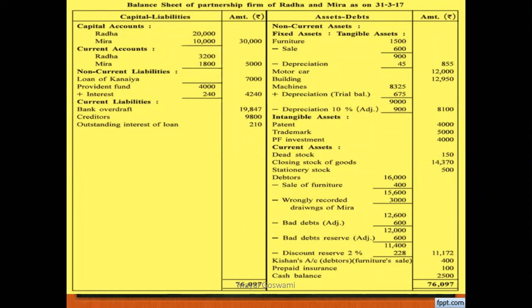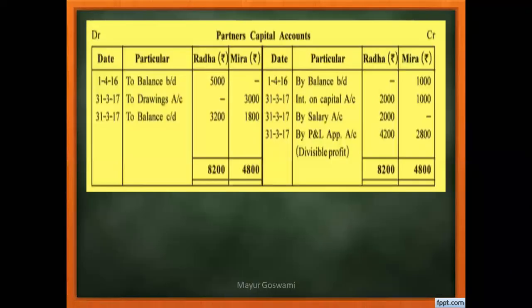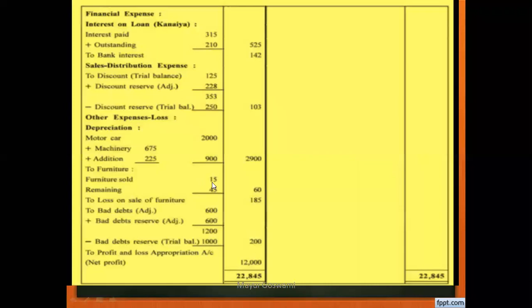Now, if we calculate the result of these two transactions, first you have to calculate the depreciation, which comes to 15 rupees, and only one effect of this depreciation is given, as it's not an adjustment, right? So the difference of cost price is now 585 and the selling price is 400. So the difference, 185, is our loss. Sixth effect, P&L debit side loss on sale of furniture. I hope it is clear.